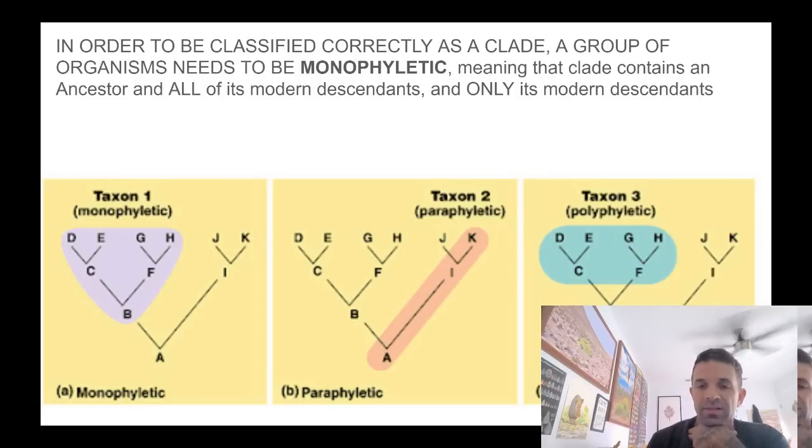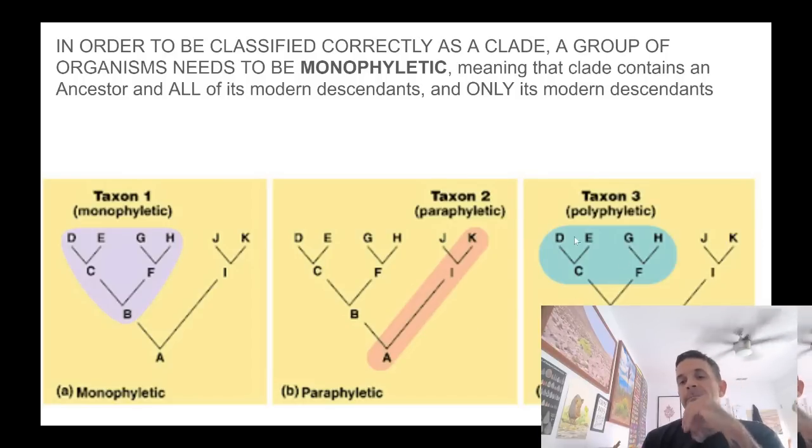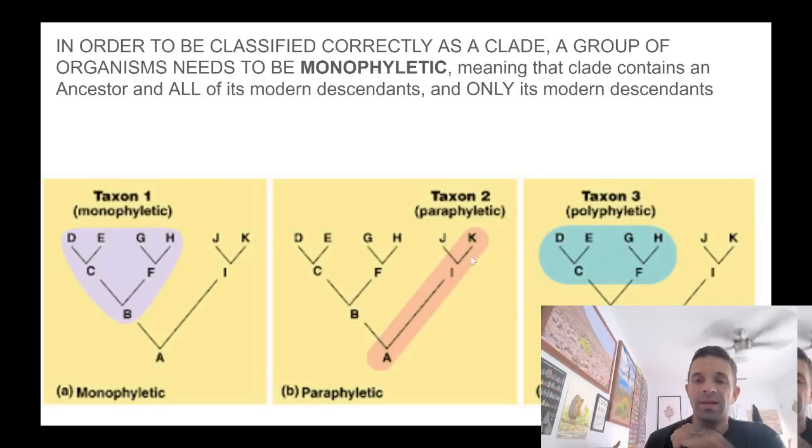Okay, so right here that would be polyphyletic. Paraphyletic, and this is the way I remember it: paraphyletic has an A in it. What paraphyletic means is that you're including a common ancestor, but not all of the descendants. You'll see this in reference to talking about reptiles but not including birds, because birds are technically reptiles.